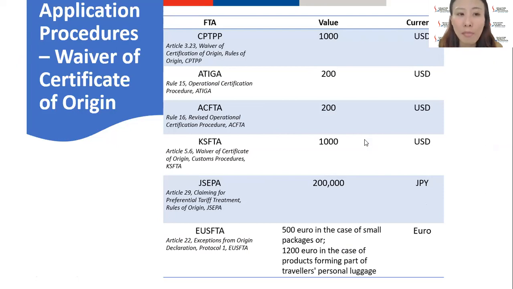Some examples of FTA and their respective thresholds are presented in this table. It is vital to declare the correct valuation of your goods as well, as from our understanding, importing customs such as Korea or India will conduct verification regularly.